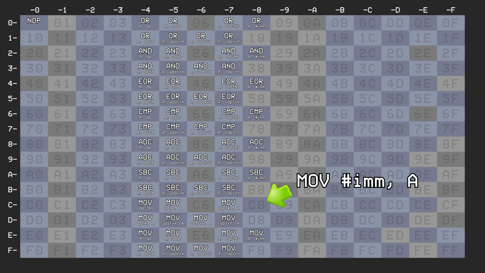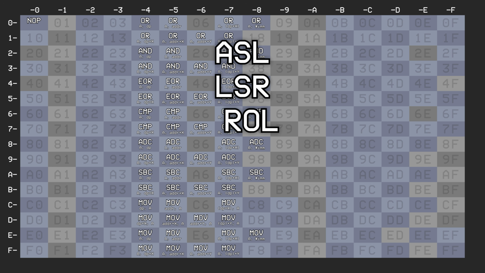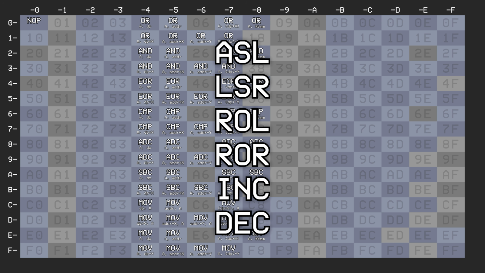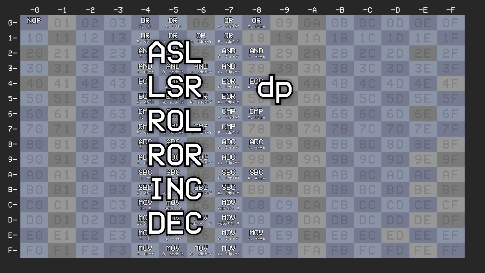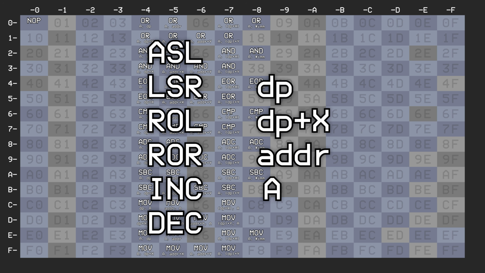The next set, which I like to call the small 6, has fewer addressing modes since they aren't as common. These are the arithmetic shift left, logical shift right, rotate left, rotate right, increment, and decrement instructions. These only have direct page access, direct page indexed with X, word address access, and accumulator addressing modes.